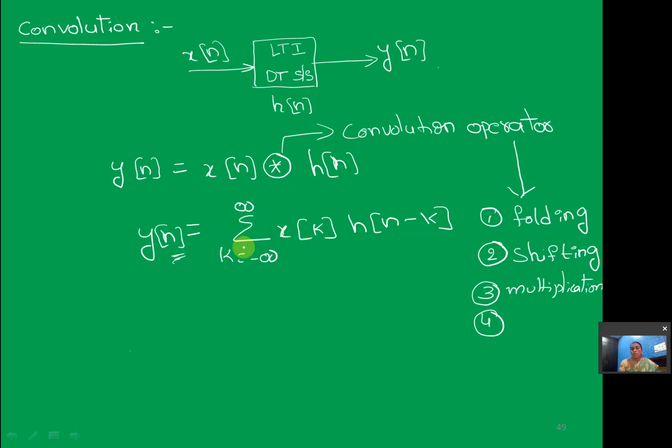Summation means we have to add all the product terms, so we use an adder or summer, that is, the addition operation.